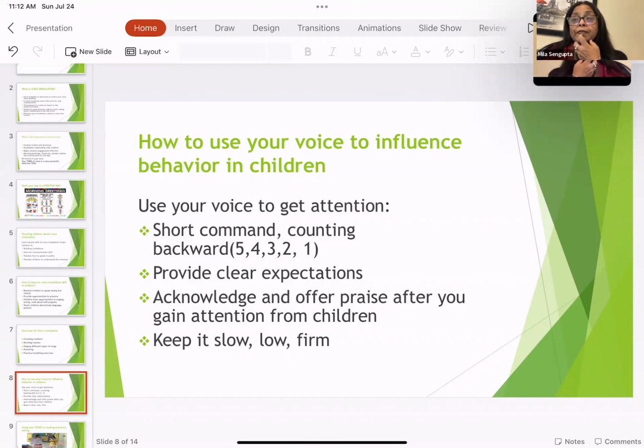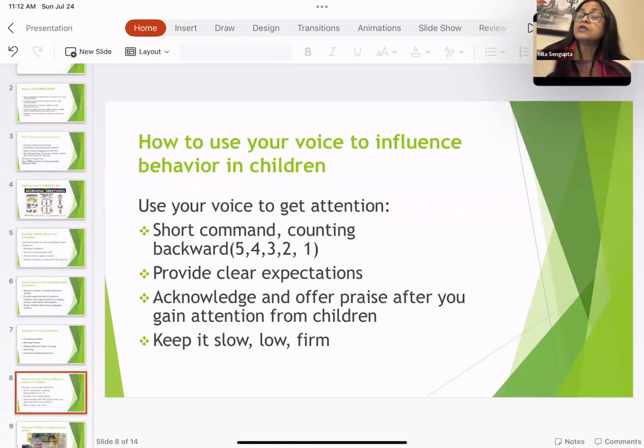So before doing any activity in particular, go over the rules once, and also make sure you ask the children, what did you understand? Can you tell me how we should be doing it? What you should be doing? These how, why, when questions help you to clarify that they have understood your expectations. So always be clear and communicate that message clearly through your voice.